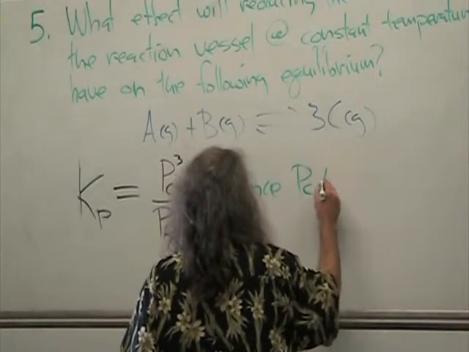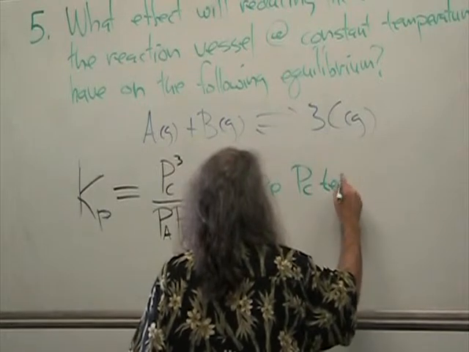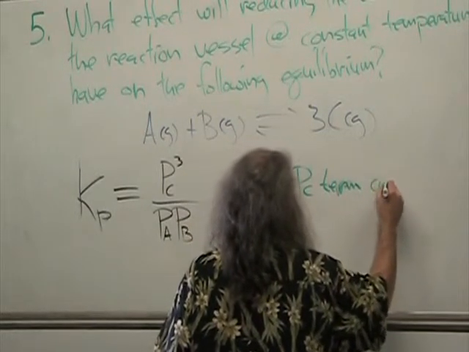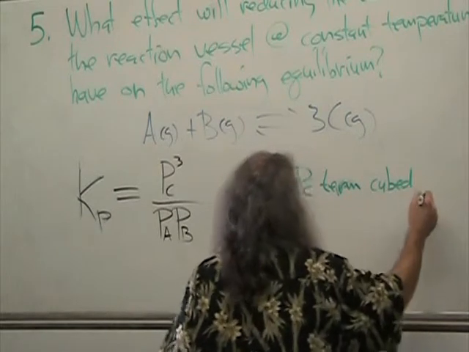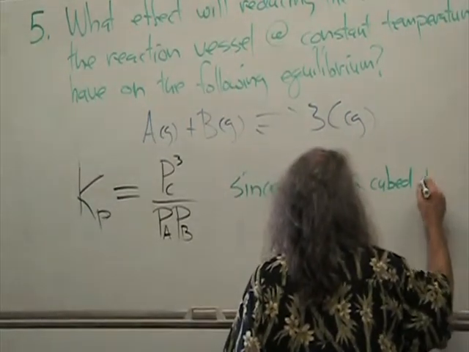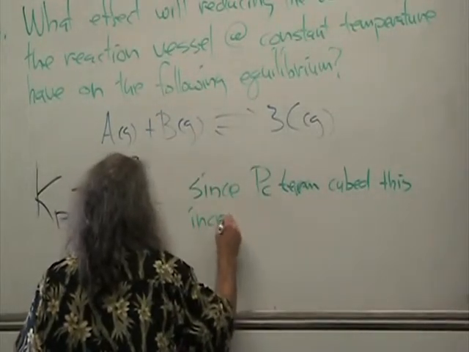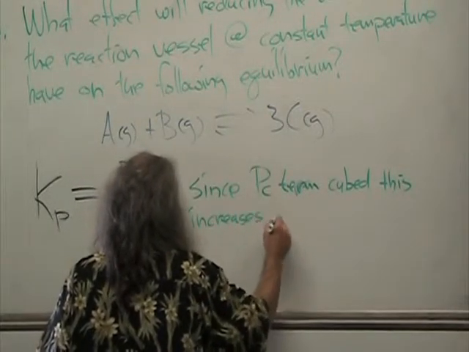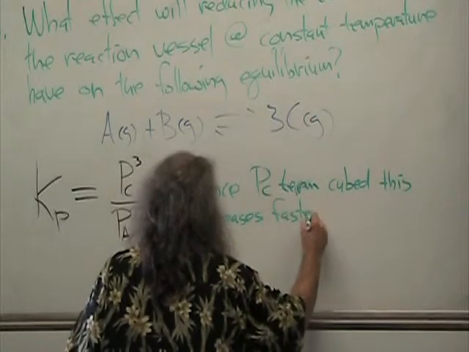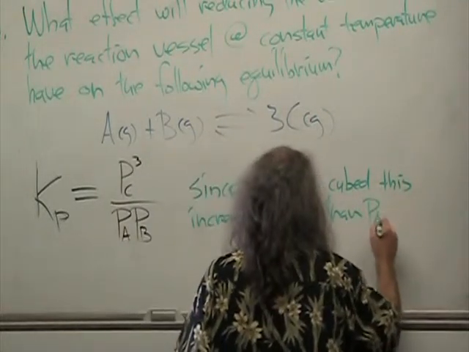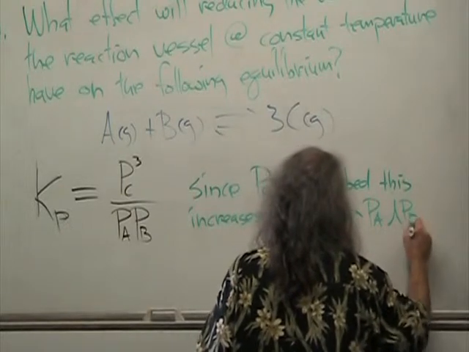Since the PC term is cubed, this increases faster than the PA and PB terms.